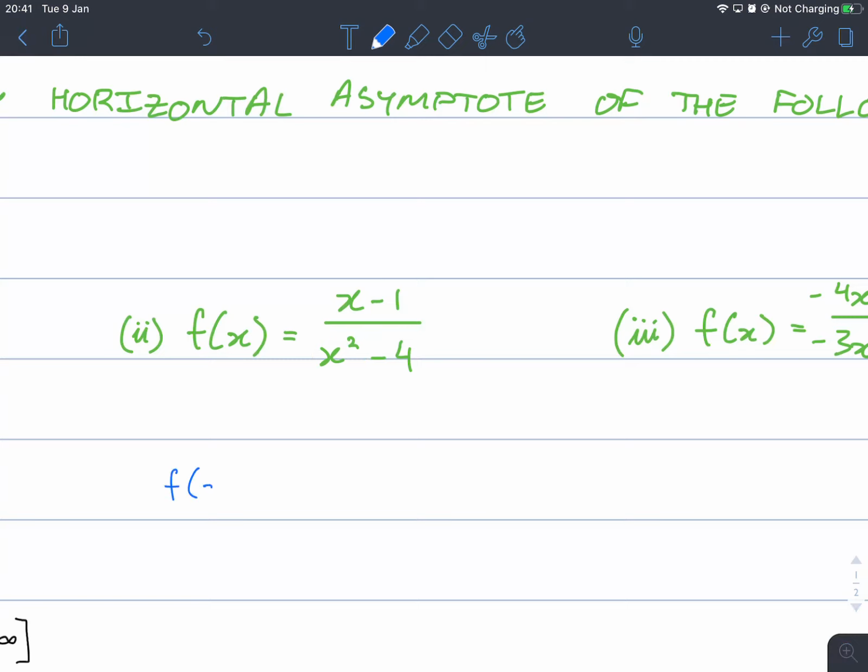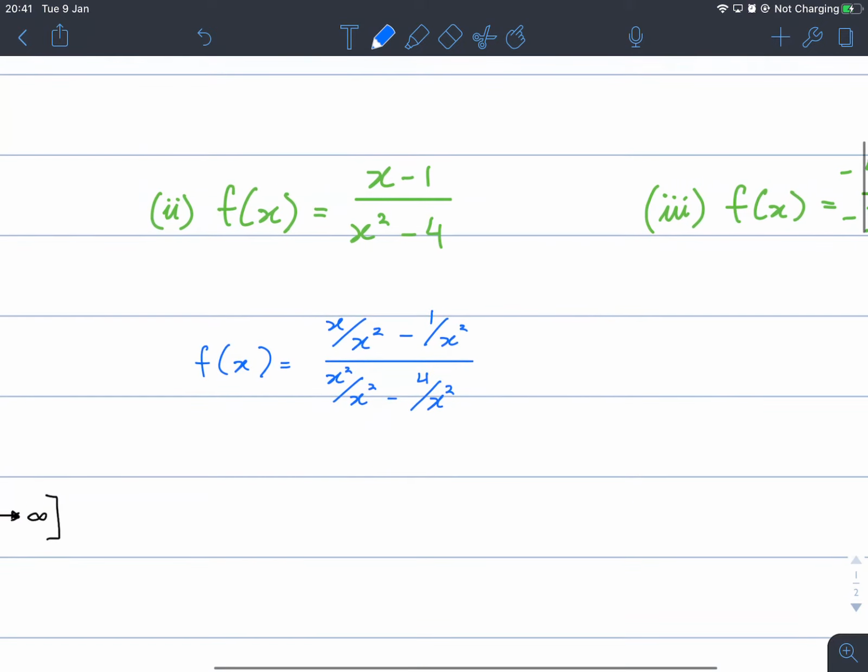So f of x is equal to x, this first term, divided by x squared, minus 1 over x squared, over x squared divided by x squared, minus 4 divided by x squared.